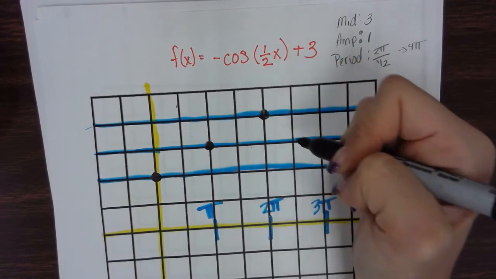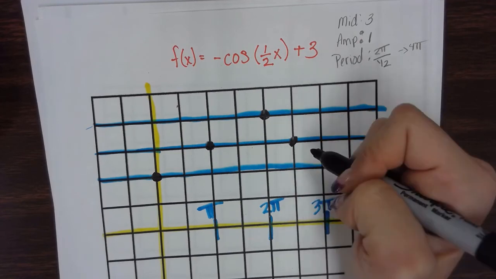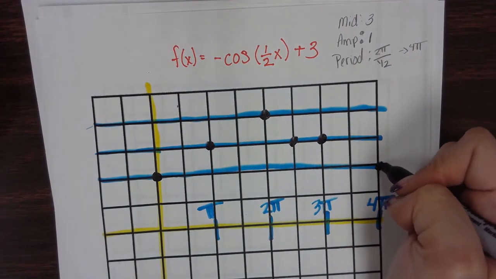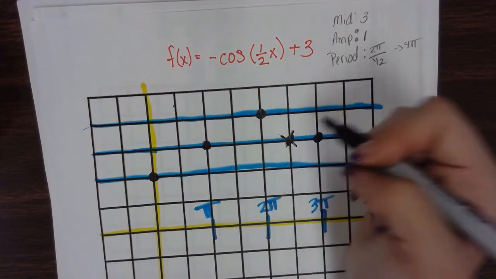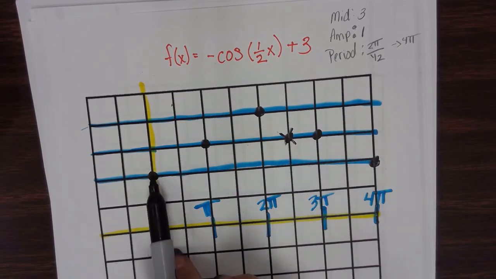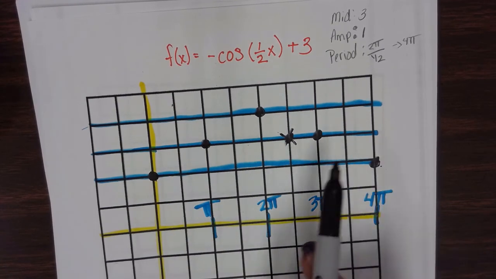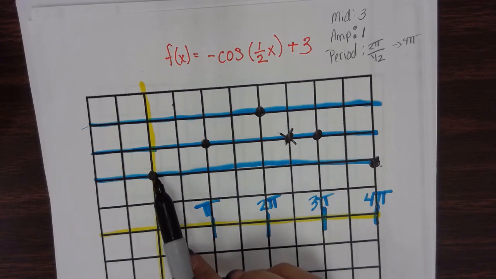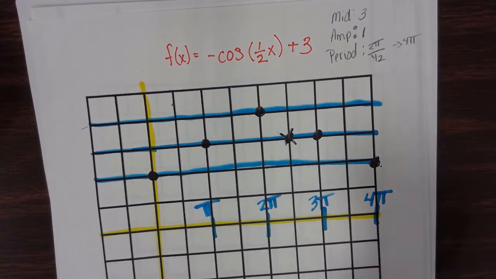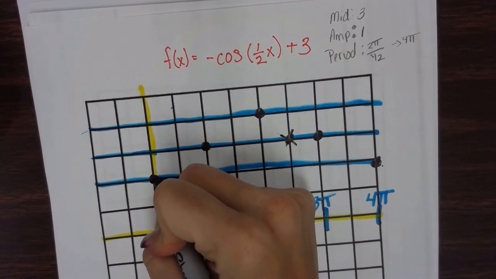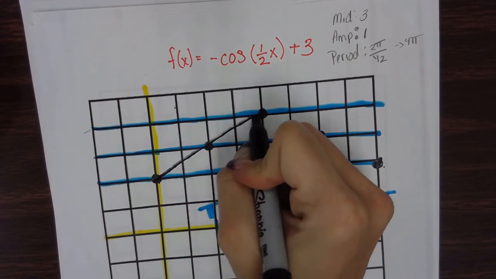Then the top, go back down. Oops, that was a wrong point. So not this point, guys. Your ending will always be on the same spot as your beginning. Okay? So if you didn't start and end in the same place, something's wrong. And again, don't make an upside down V here, guys. Kind of make it curvy.